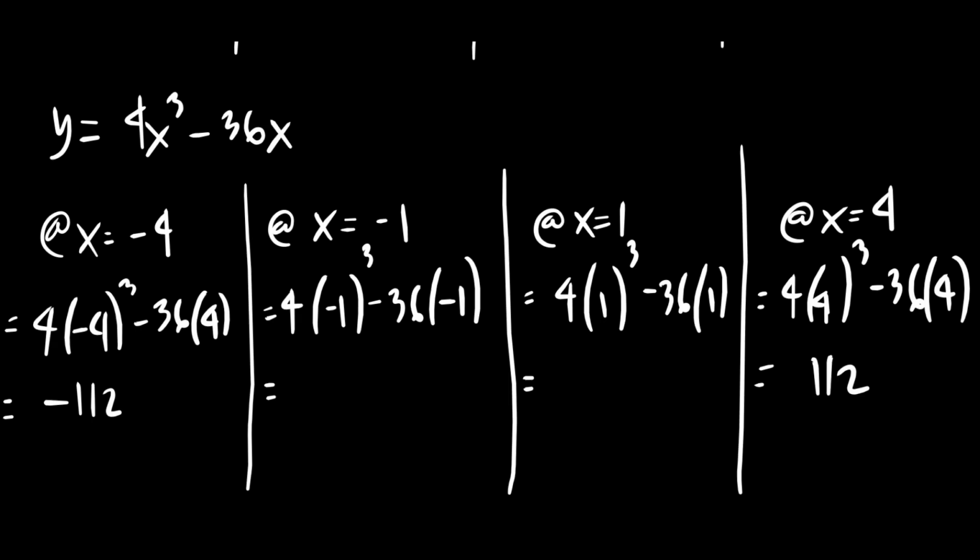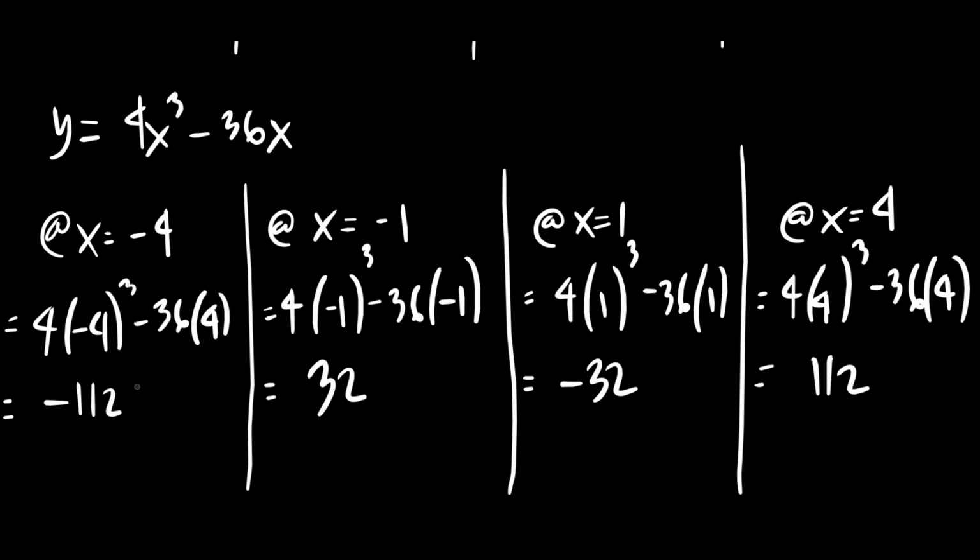For negative 1, positive 32. And for positive 1, negative 32. So we'll plot this one.